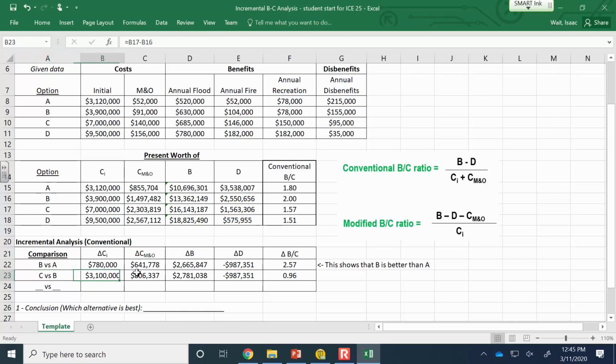And so the conclusion is that since this is less than 1, C is not acceptable compared to B. C is overall acceptable, but on an incremental basis, it's not justified. It's not better than option B because you're not getting the full return that you need. You need to have more than $1 of benefits if you're going to spend $1 of cost.